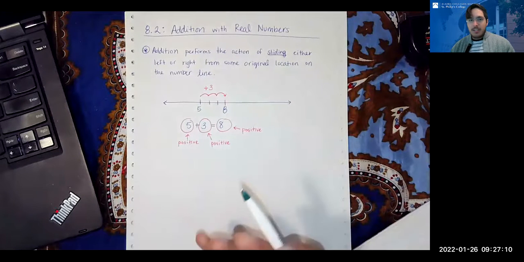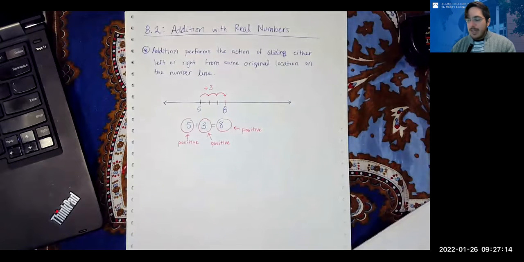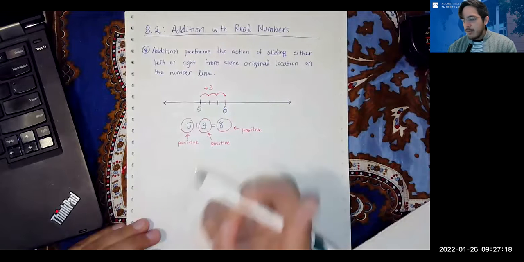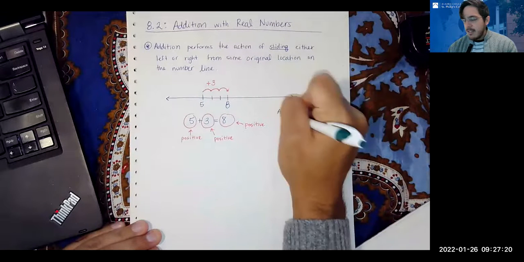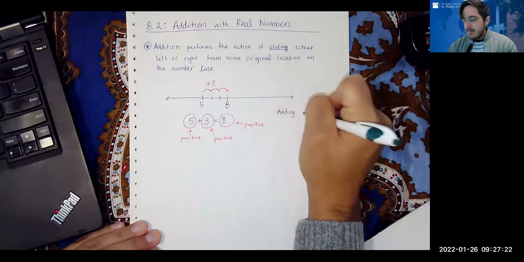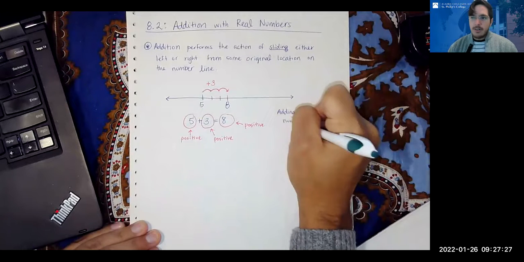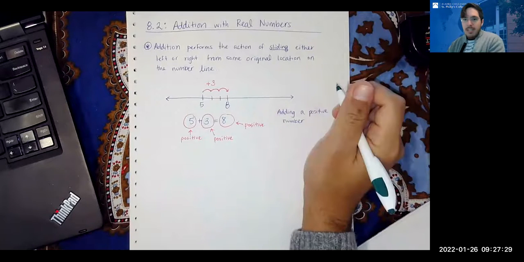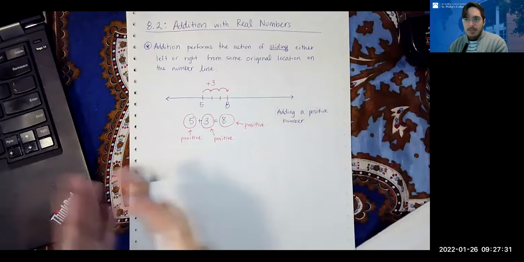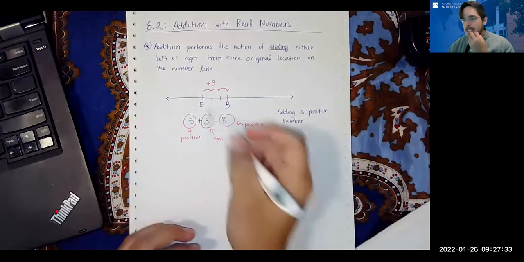And I want to understand why that is. Well, it's because when you add a positive number, you're moving to the right, and remember that all of the negative numbers live on the left side of 0. So if we're still moving to the right and we started on a positive number, then we're going to still end up on a positive number.